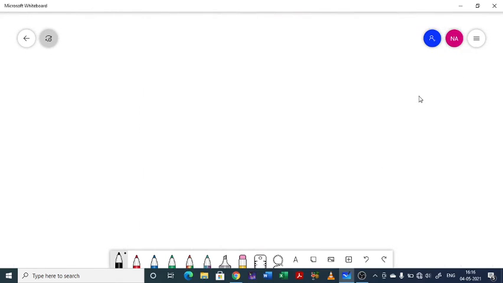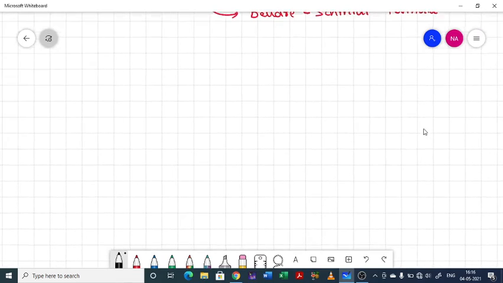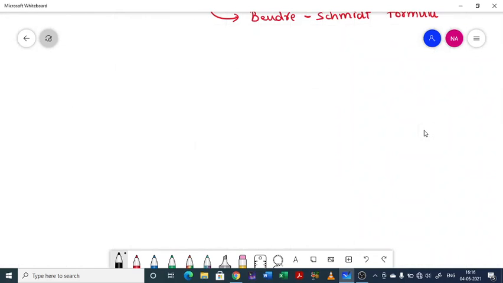Now let us start with the problems. Problem number 1(a): find the numerical solution of the parabolic equation. It is not mentioned explicitly that the given equation is the heat equation; they have said parabolic equation.